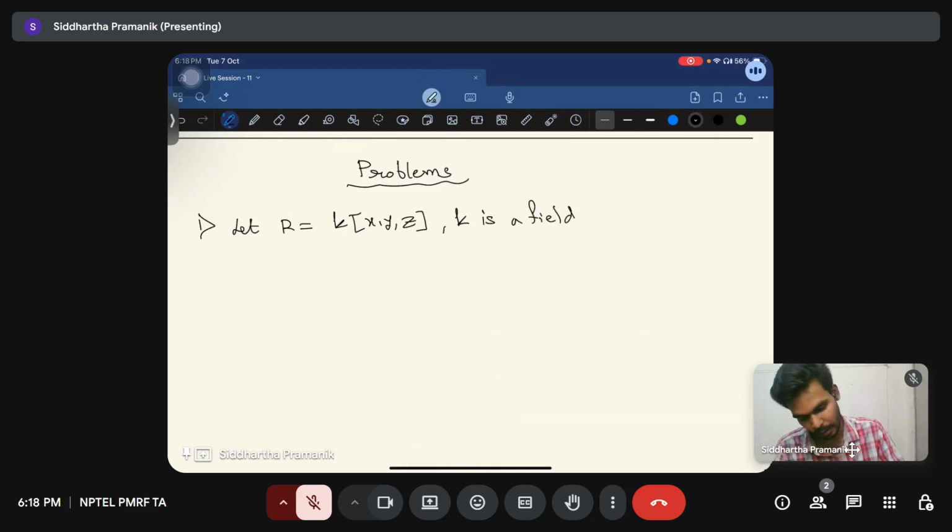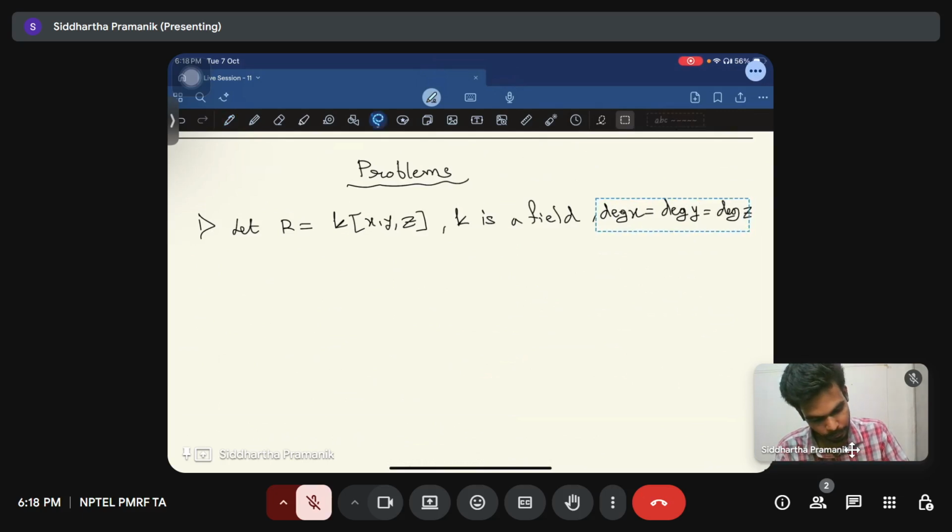So this is equipped with the standard grading. That means the degree of x, degree of y, and degree of z is 1.